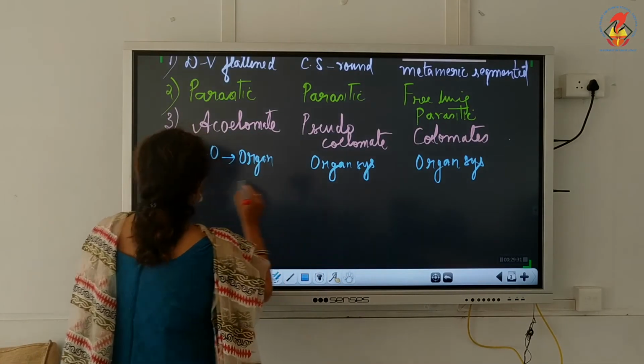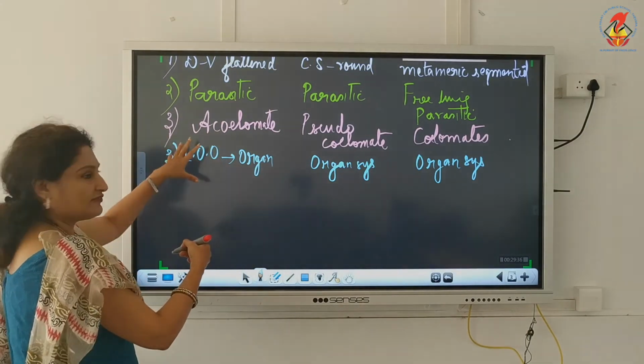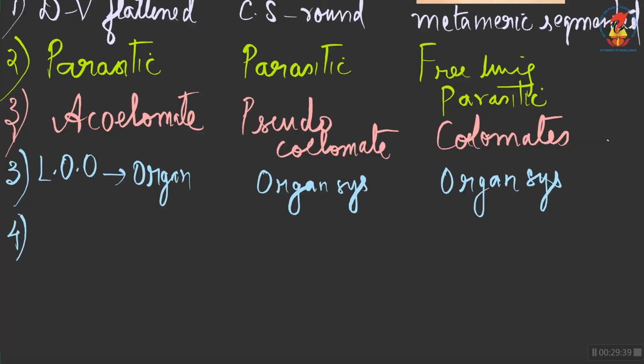Now, because I dealt with the organ system, we can analyze 4 systems. I am continuing with blue color, so then you will understand it is coming after level of organization, but the numbers change.